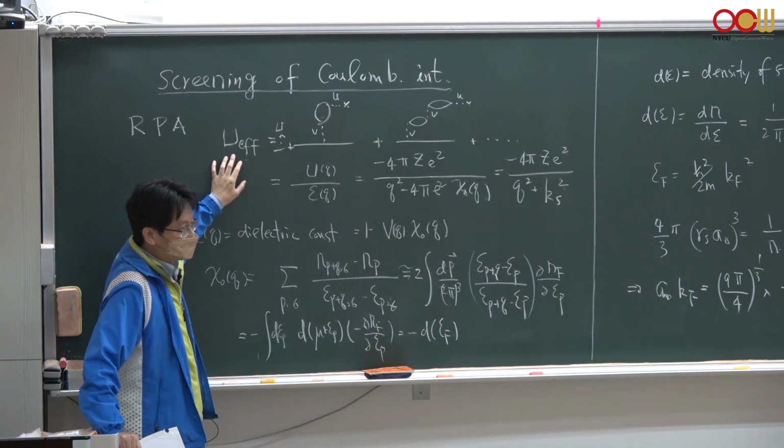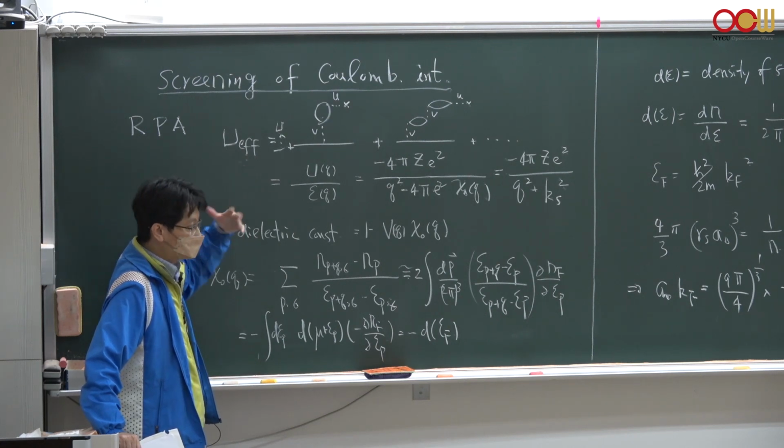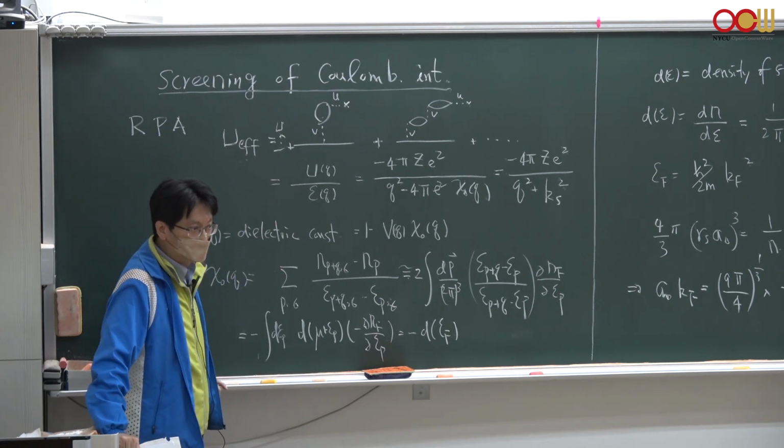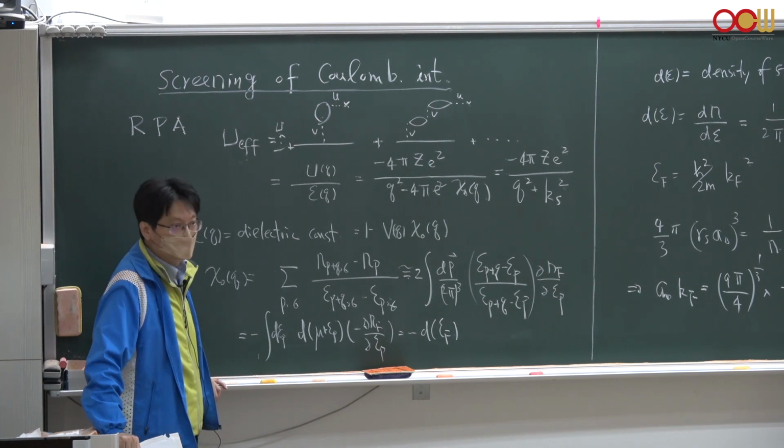So, compute this U effective, which is influenced by the other Coulomb potential V.